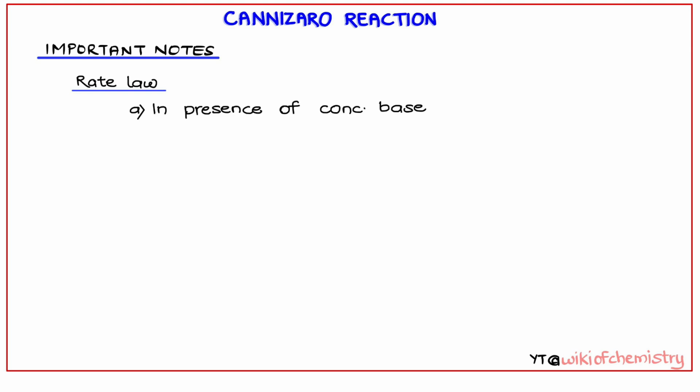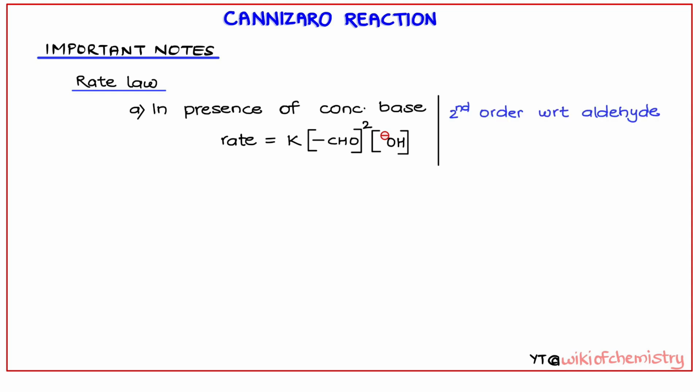This reaction is carried out in presence of concentrated base. If fairly concentrated base is used, then rate law of this reaction is expressed as follows and it is second order with respect to aldehyde and first order with respect to OH minus. Overall, it is a third order reaction.